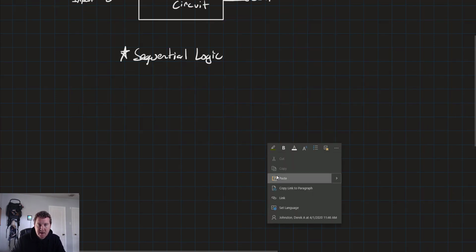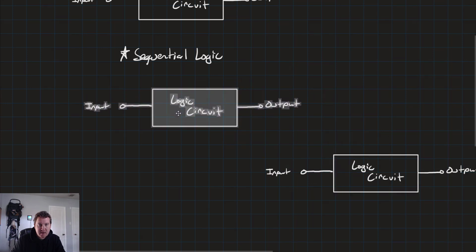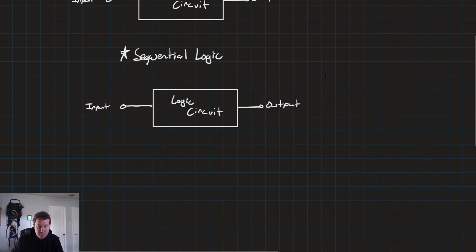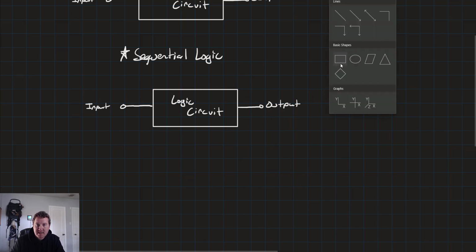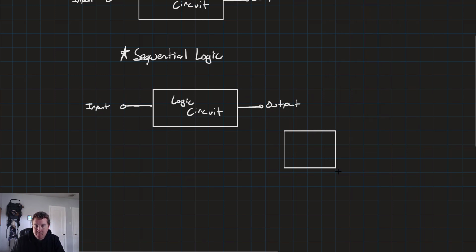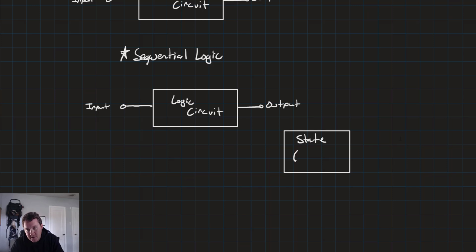Now, sequential logic looks sort of the same, but it adds an extra component. It still has the same logic circuits with inputs and outputs, but now it has a second piece. It has what we're going to call state. You might also refer to this as memory.